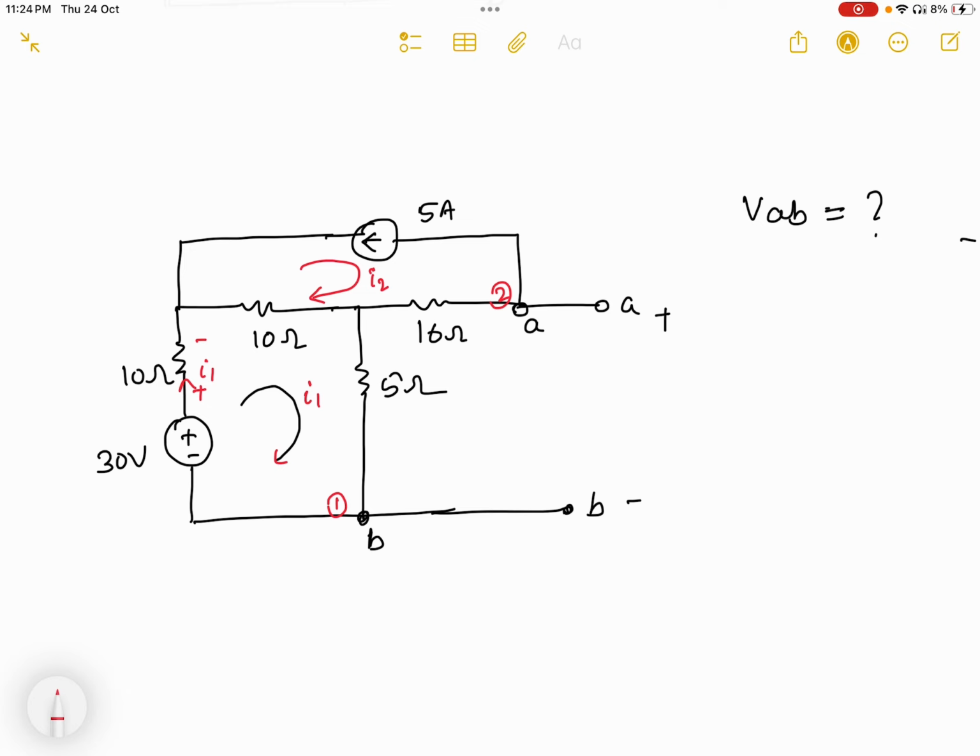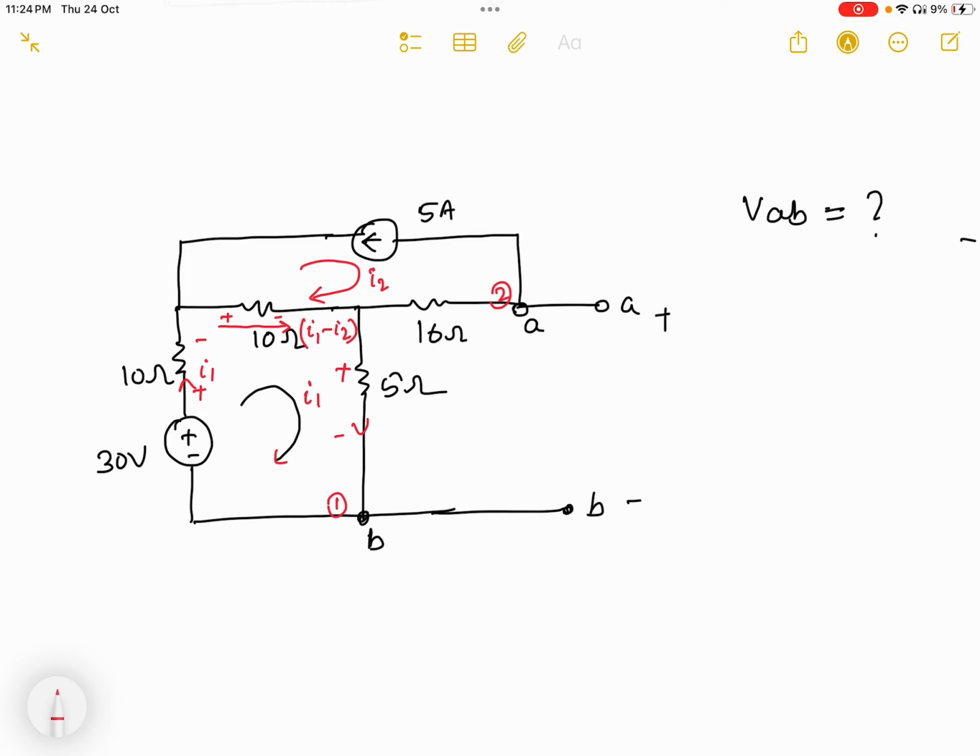When it comes to this 10 ohm resistor, you can see this 10 ohm resistor is common to mesh 1 and mesh 2, and here the current will be I1 minus I2, in the direction I have mentioned here. Current is entering here plus, leaving here minus, and in this 5 ohm, similarly I1 amount of current is flowing, entering here plus, leaving here minus.